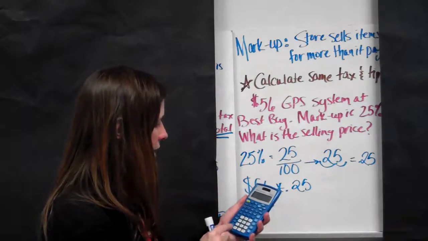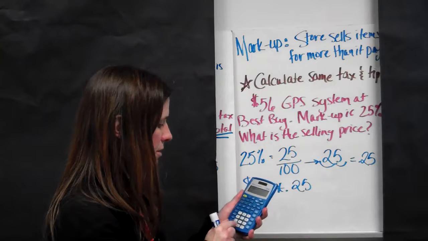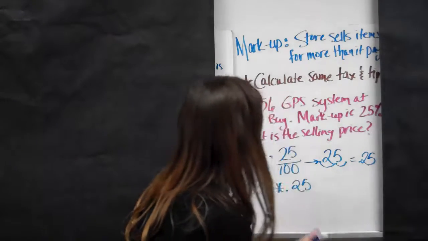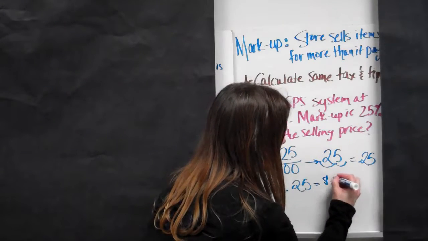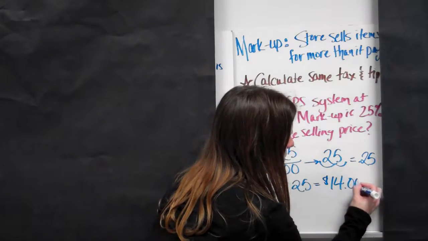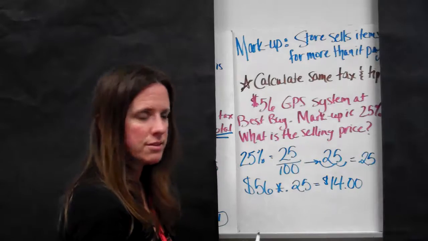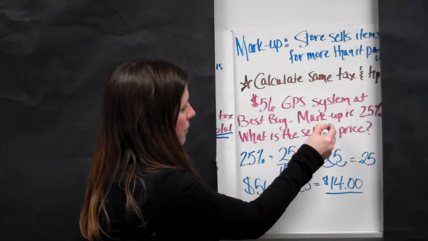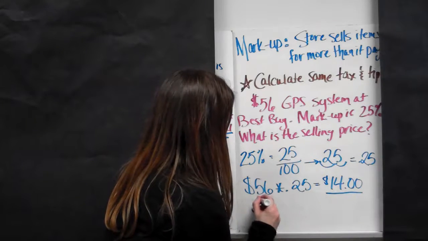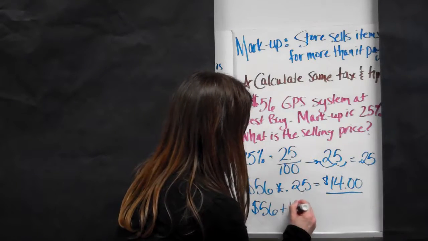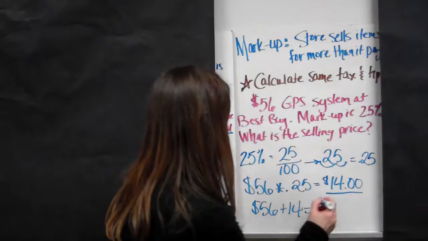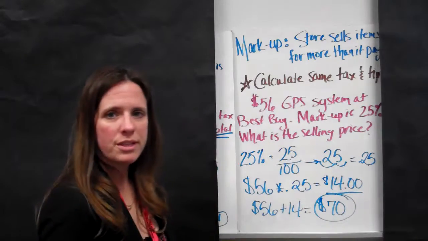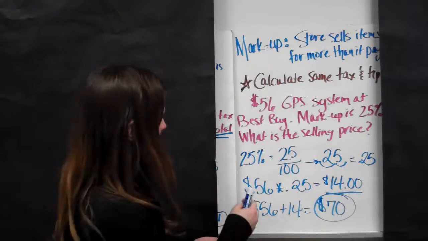Go to my calculator again, 56 times 0.25, and I get $14. All of these have come out evenly. I haven't had to worry about any rounding, but sometimes you'll have to round to the nearest cent, okay? This is our percent markup. To find the selling price, we need to add that to our $56. 56 plus 14 is $70, so that would be your selling price, okay?